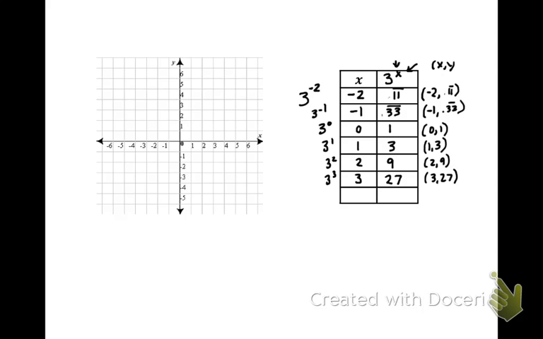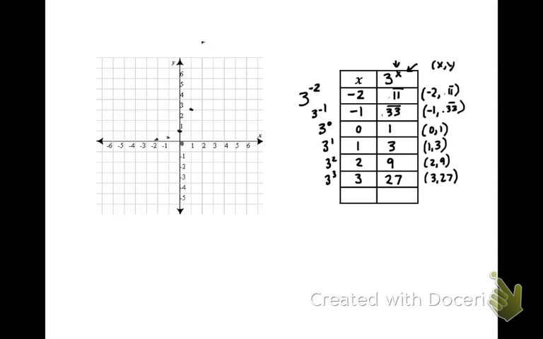Okay, when we graph those points in the xy plane, -2, 0.11 is really close to the x-axis. -1, 0.33 repeating is about 1/3 of the way up. 0, 1 right there. 1, 3 is right there. 2, 9 is somewhere up here off the graph.